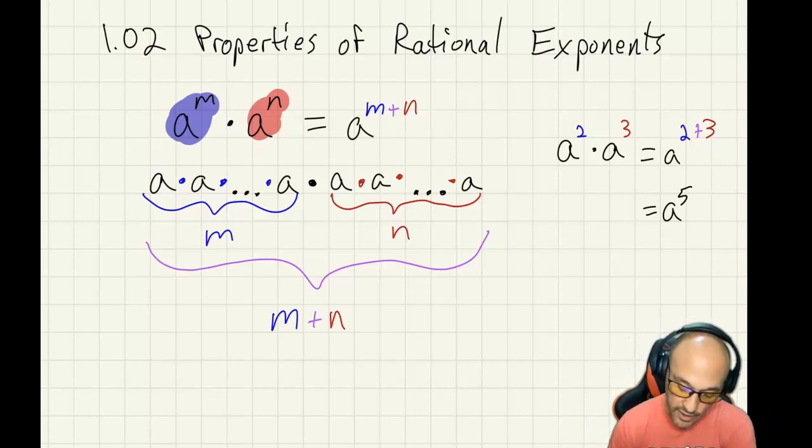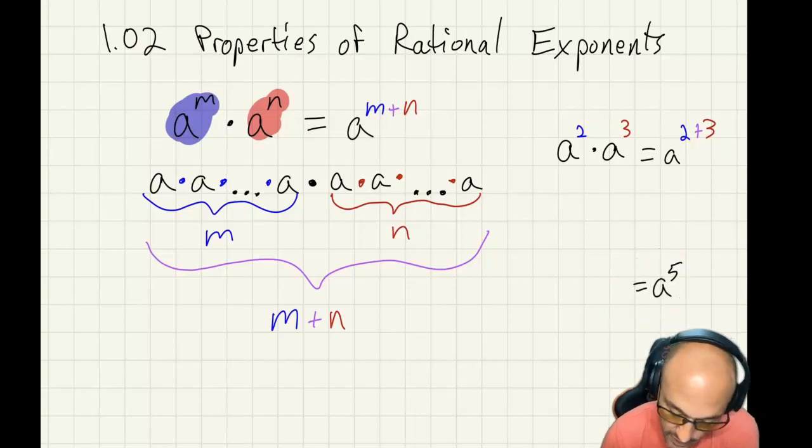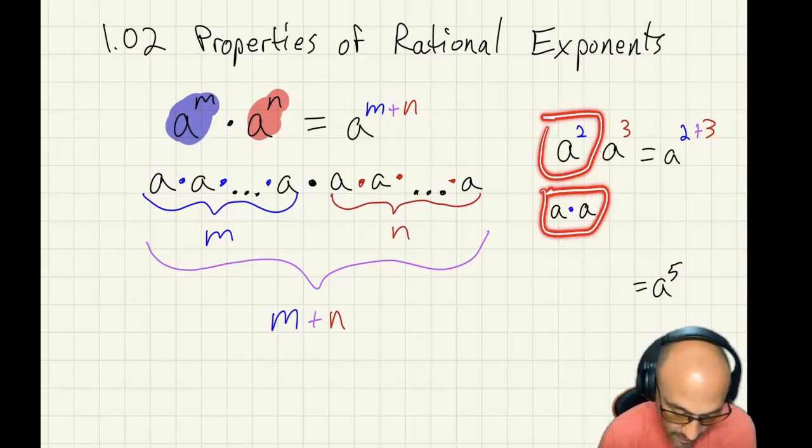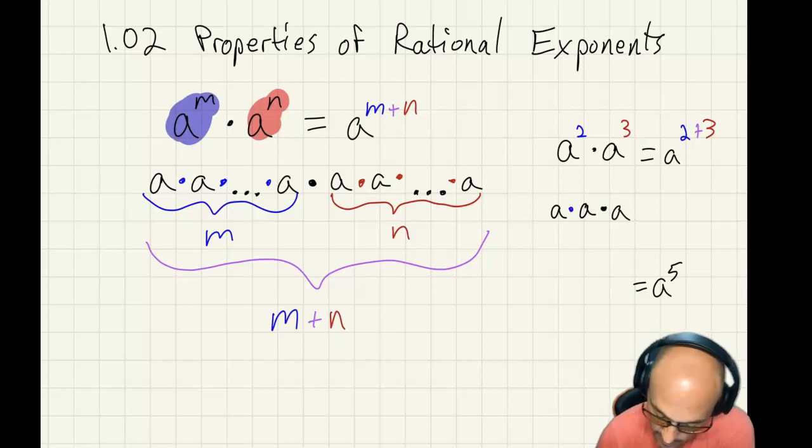But if you remember this explanation, why don't I actually show it here just to be really, really clear. This is a times a. So this right here is a times a. And then we have this multiplication right here. And then this a to the third power is a times a times a.